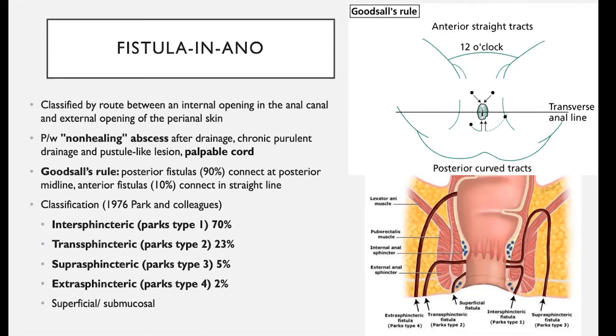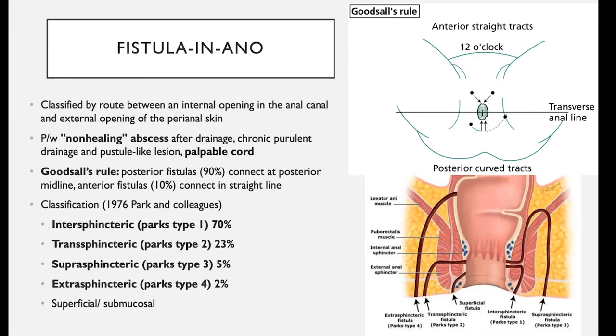Classification of these fistula tracts was first described in 1976 by Parks, so it's called Parks type 1, 2, 3, and 4. Really, we use the anatomy to describe these.